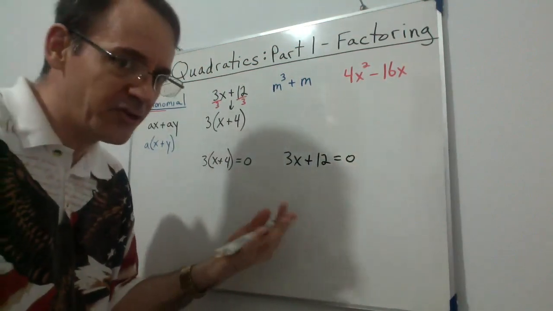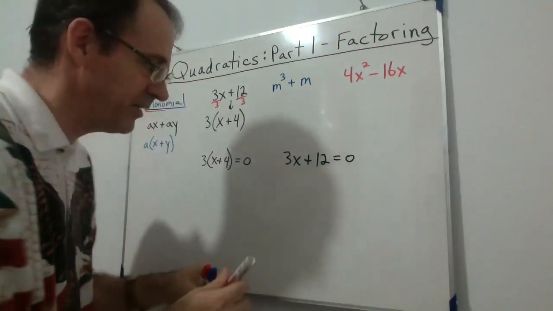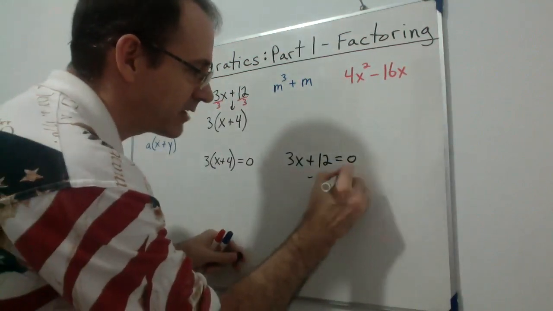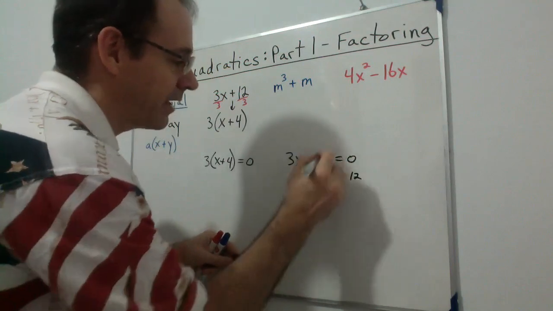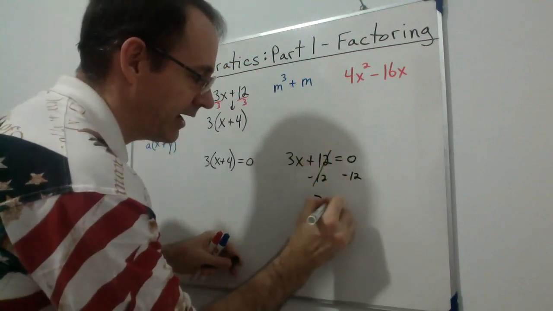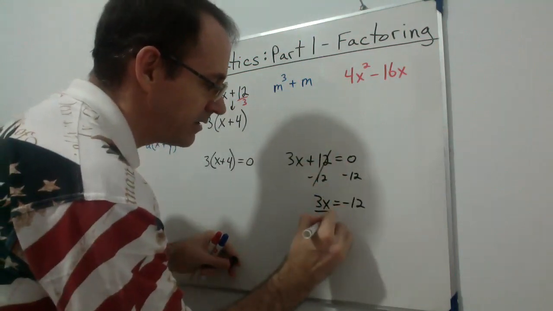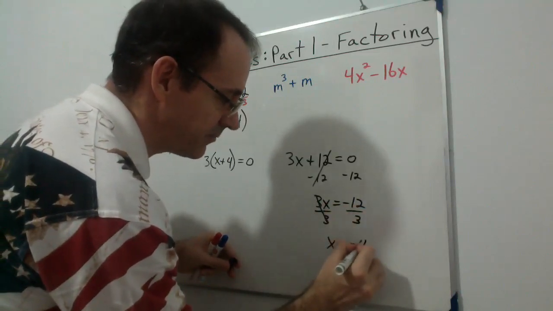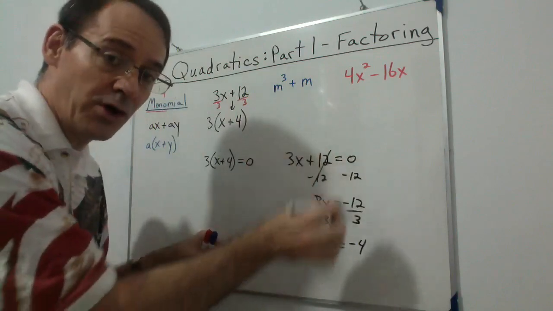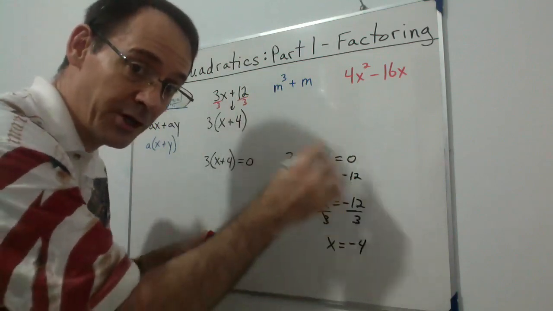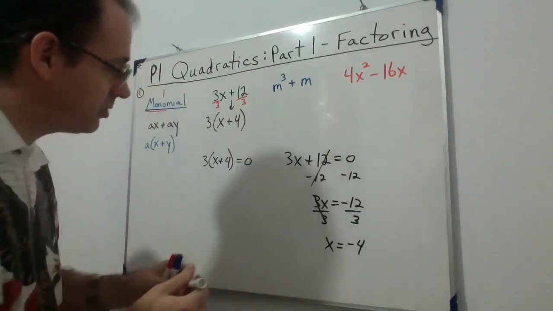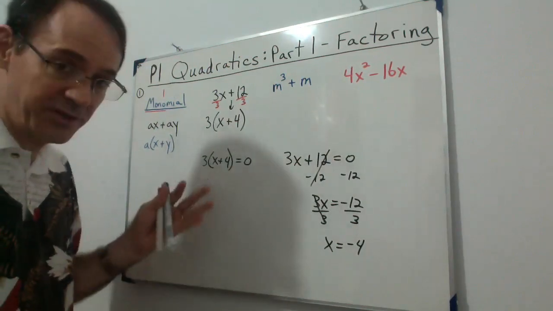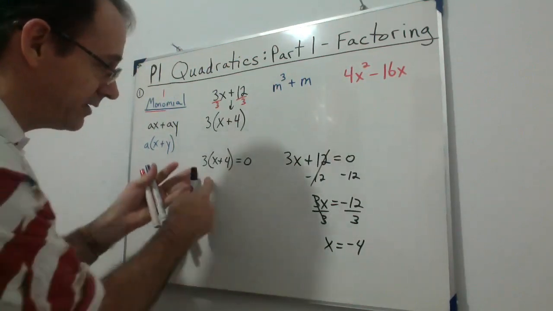Normally, in solving, you would probably just do it this way, where you would subtract 12 from both sides, and this cancels. You get 3x equals a negative 12, divide by 3, and your x equals a negative 4. So this would be your normal problem-solving technique. But if you use factoring, which is just as legitimate, you end up with this.